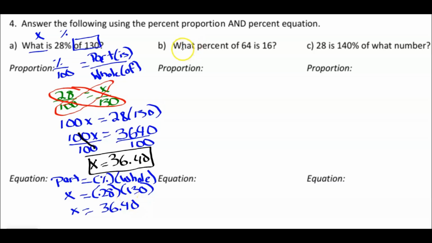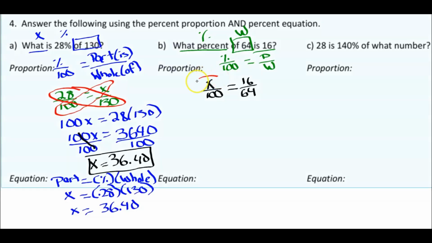Question letter B, let's break down the question. We have what percent, meaning I do not know what the percent is. I know it's going to be out of 64. That represents my whole. The part is 16. So when we go back and write down our formula again, as always, now it's time to substitute into the formula. Once we've substituted, we can go to our cross multiplication. X times 64, 100 times 16.